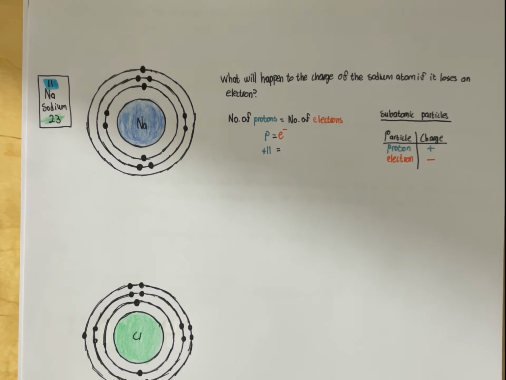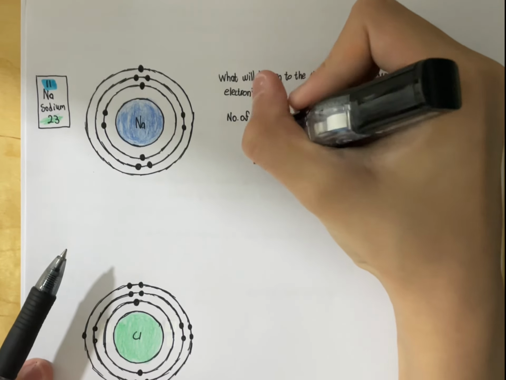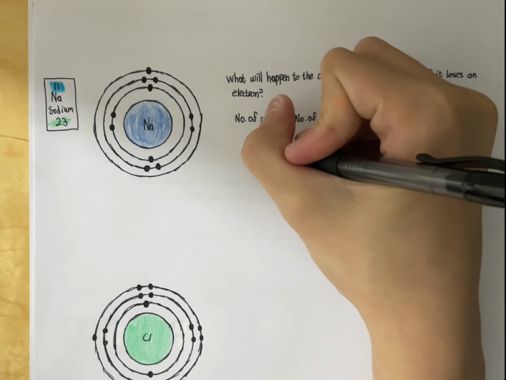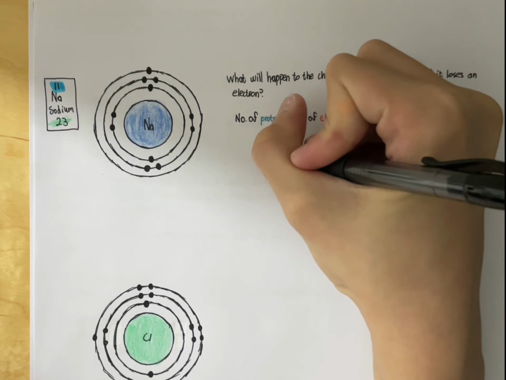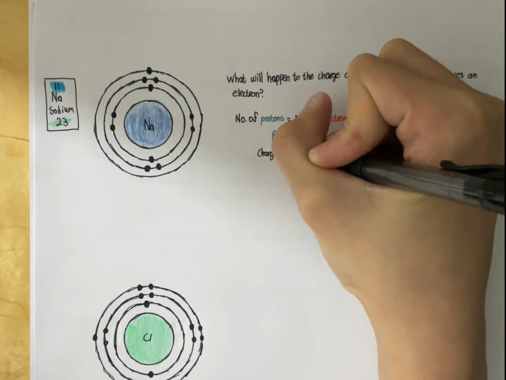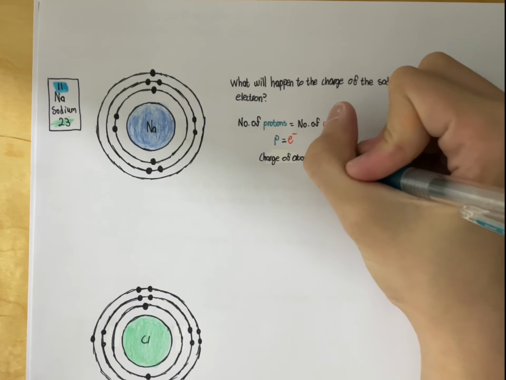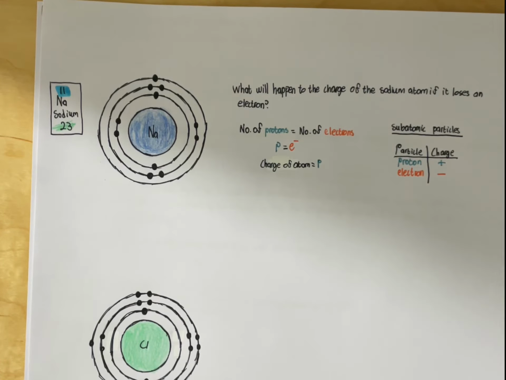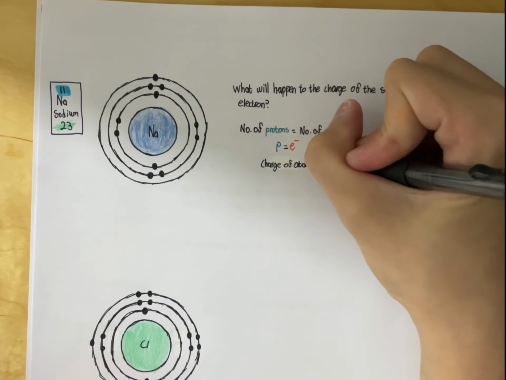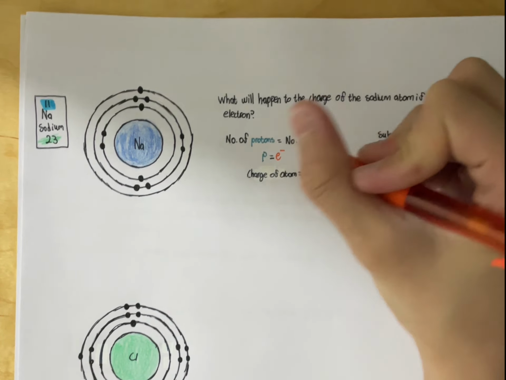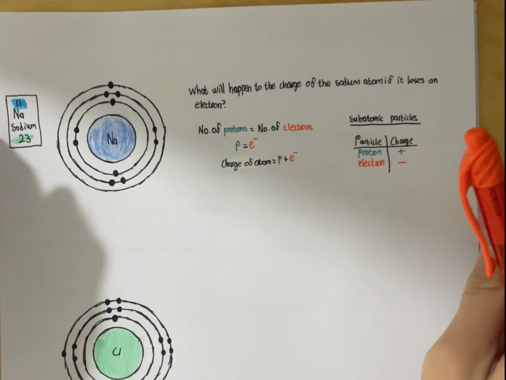Sorry, wait. Charge of atom is equal to the number of protons plus the number of electrons. Alright, sorry for the little error there.